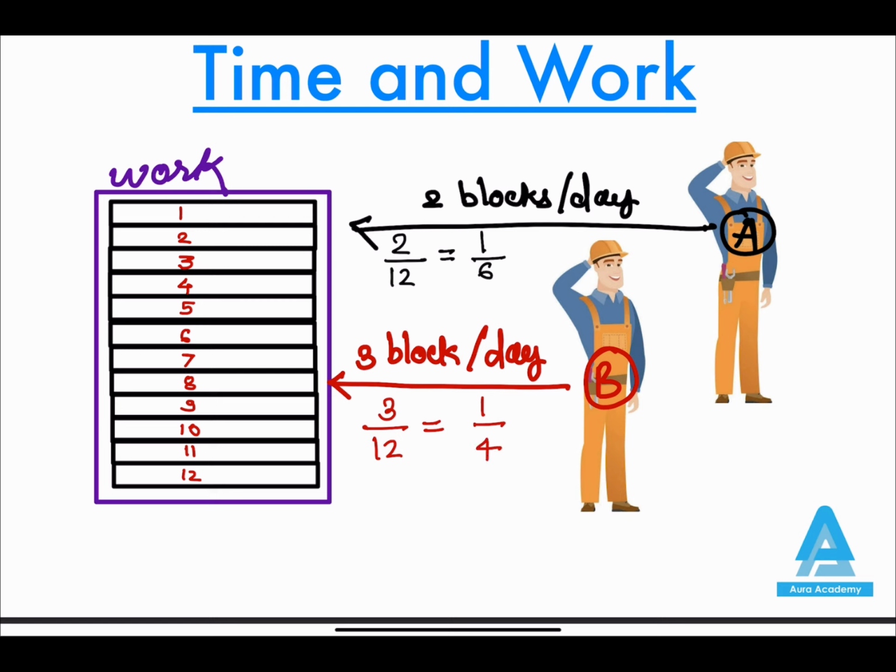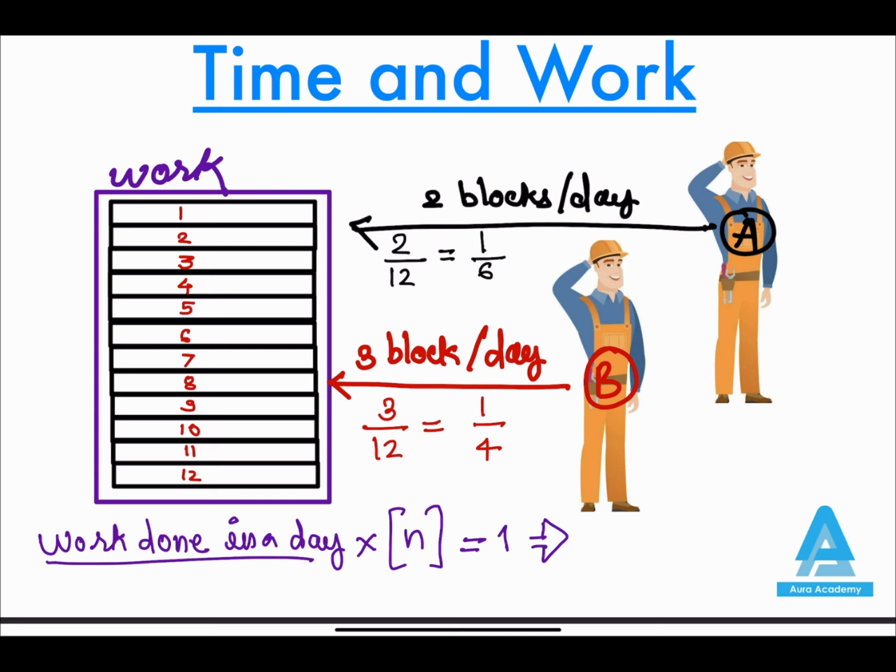What was our equation? Work done in a day times n is equal to 1, and the question asks for the number of days, so that is unknown. Work done in a day, with A and B both working, is 1 by 4 plus 1 by 6.